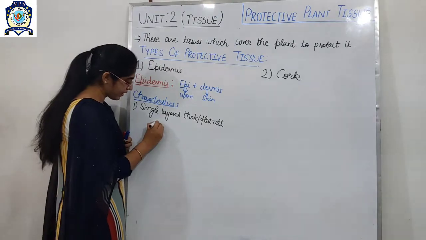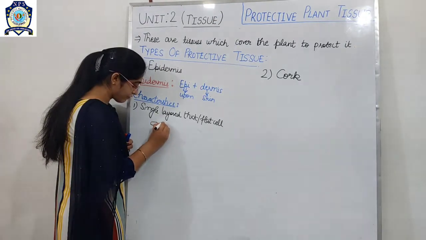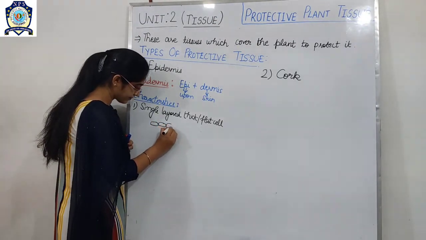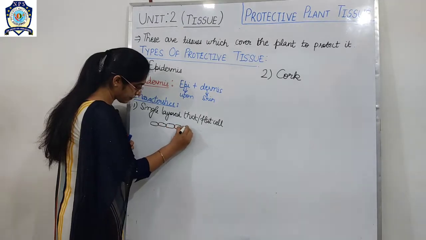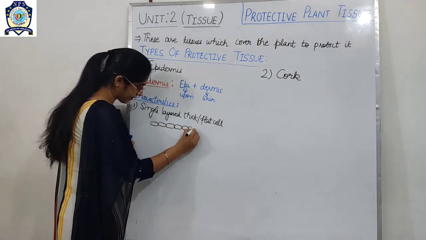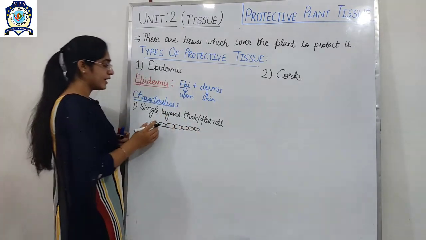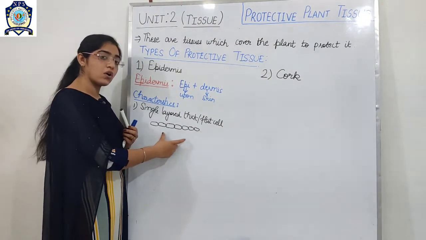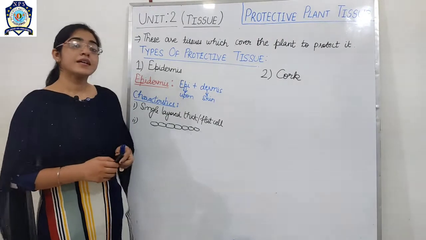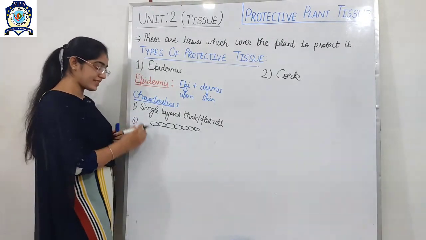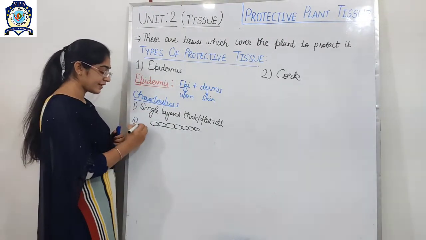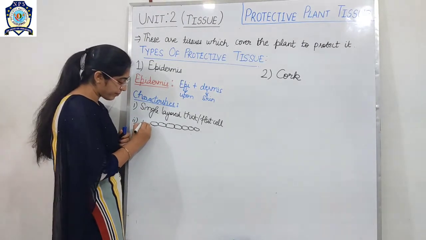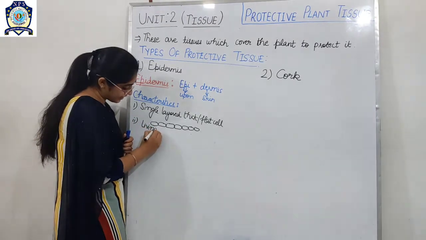So these are flat cells. Am I clear? Epidermis is a single layered thick or flat cell. Next, if we talk about the second characteristic, then they are made up of living cells.